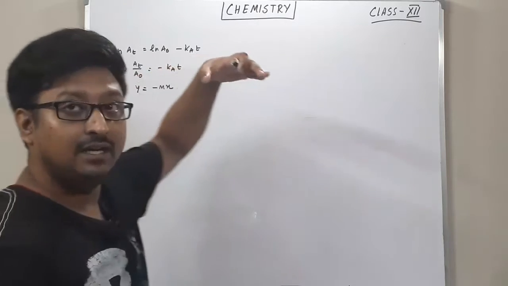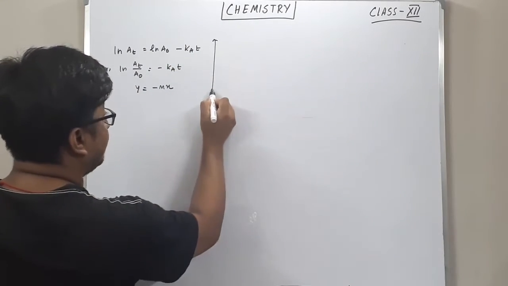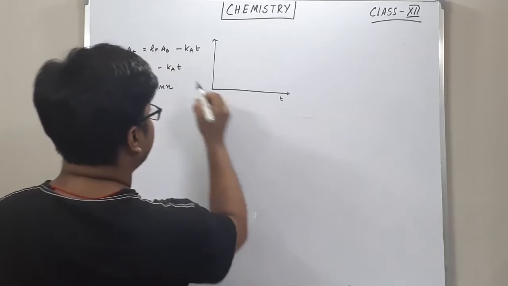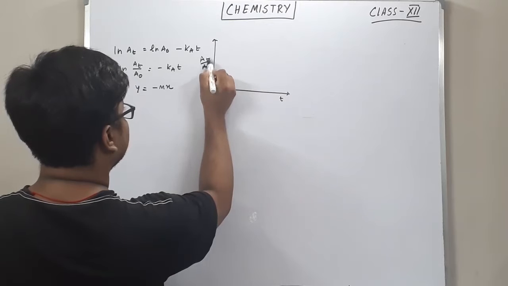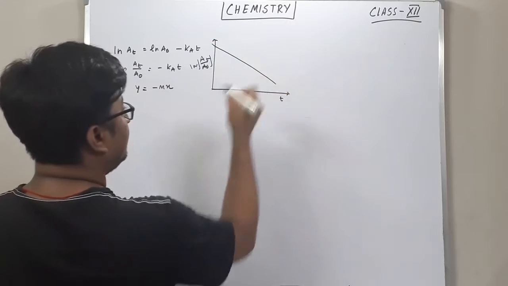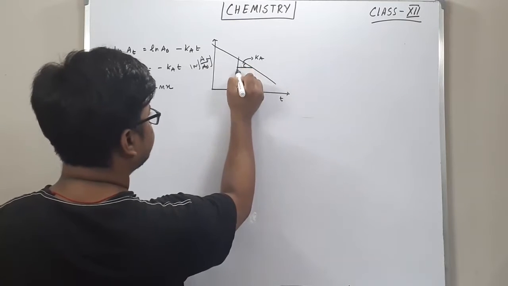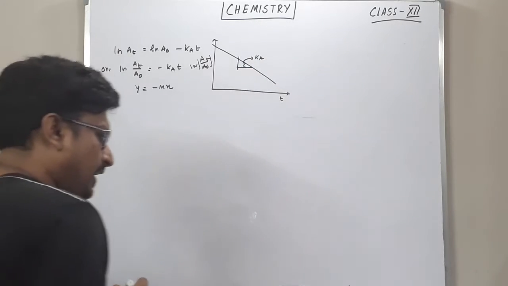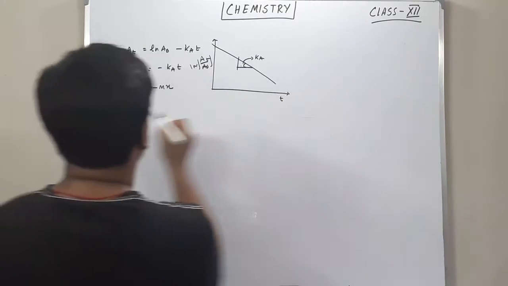So basically it is a decay graph, a straight line. I will get a decreasing line, and this will give me the Ka.